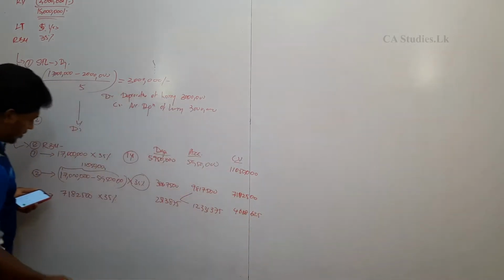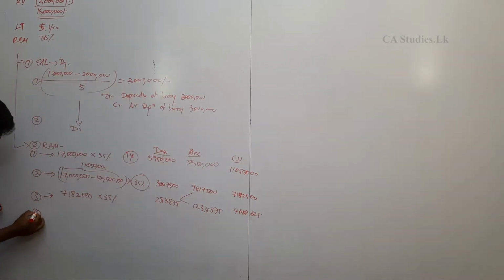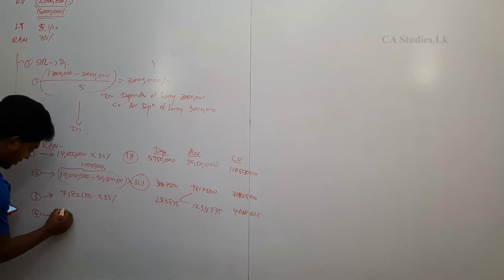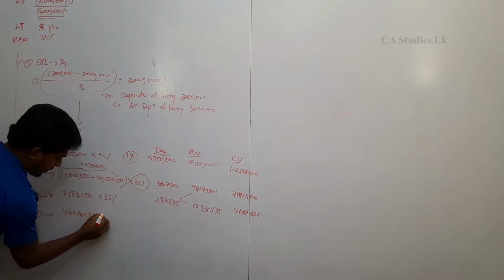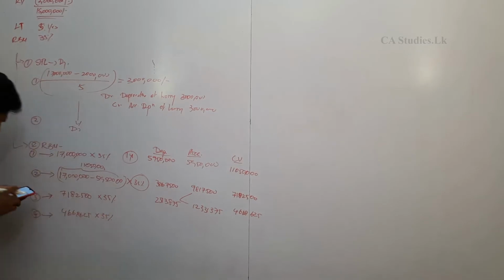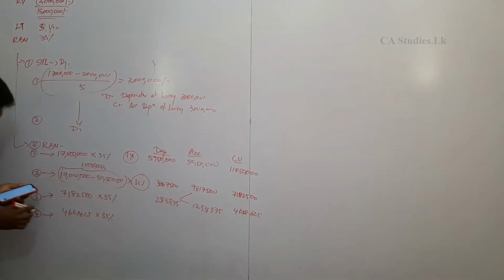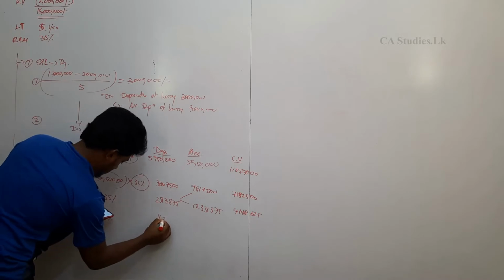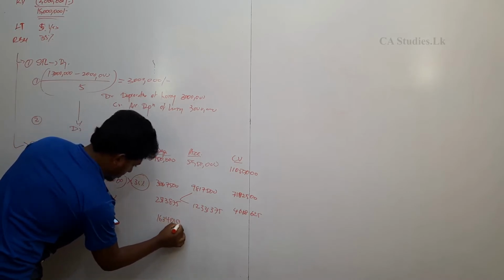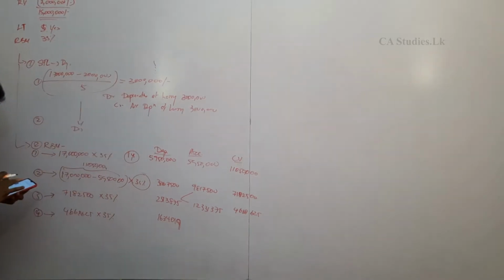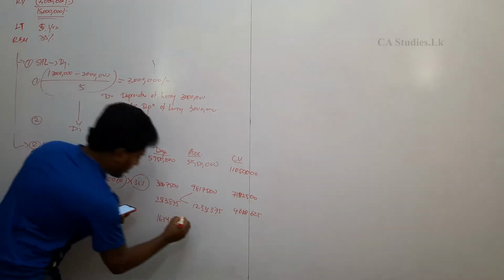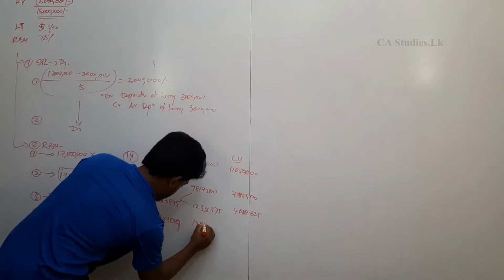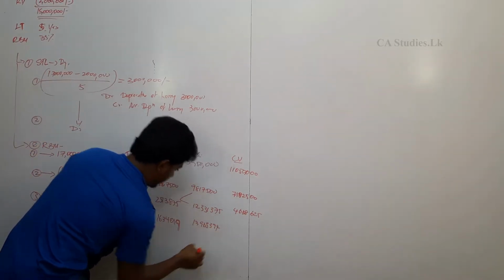The carrying value is 4,668,625. Now fourth year depreciation is 4,668,625 into 35%, which is 1,634,019. Adding this, accumulated depreciation is 13,965,394.